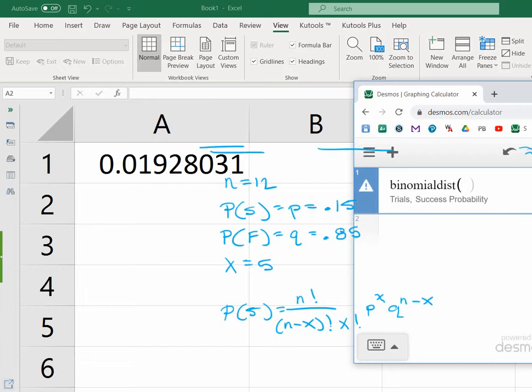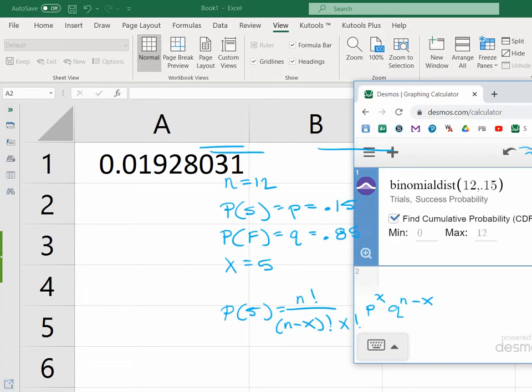So I can type in binomial dist, trials, we're going to do 12, successes of 0.15, and then if I hit find cumulative probabilities, I just want, I don't know if I go from 5 to 5, yeah, okay, so 5 to 5, so it's not cumulative, it just tells me the exact. If I want a cumulative, I'd go like 0 to 5 or 2 to 5, whatever. If I want just the probability of just 5 on the dot, my min is 5 and my max is 5 and 0.019.